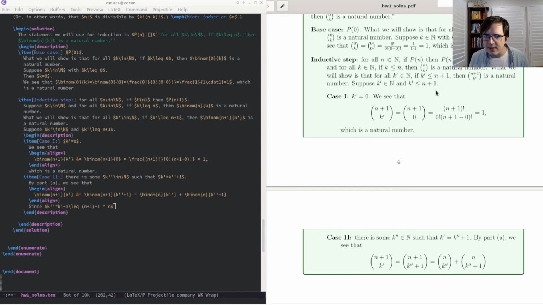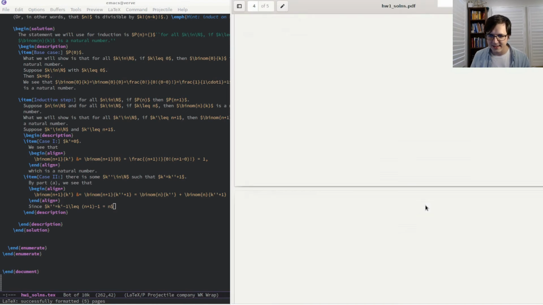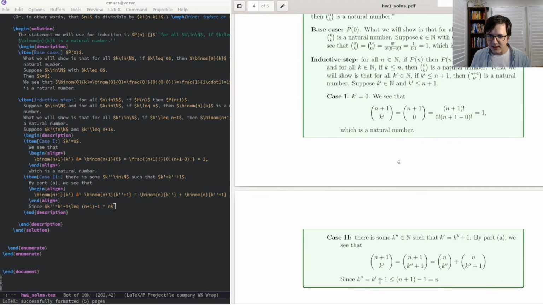Oh no, okay, I just need to see this compiled. Okay, so k double prime is k prime minus 1, which is less than or equal to, so k prime is less than or equal to n plus 1, and we subtract 1, and that's n. And so we can apply the inductive hypothesis.